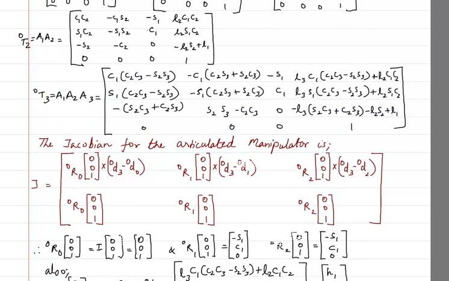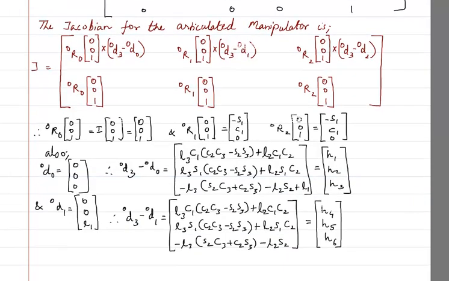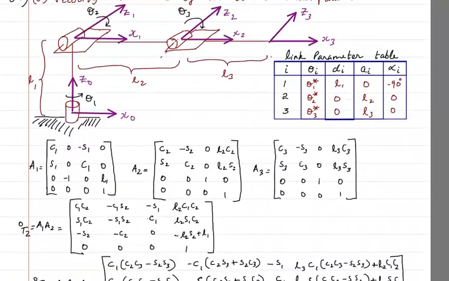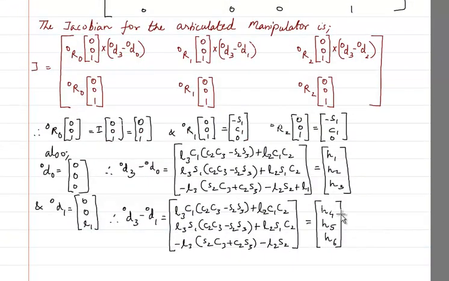From this one, if I subtract 0l1, then only this l1 will go, so I will have the final result as this, which I can write as h4, h5, h6. Once we have found the values, all we have to do now is substitute. So 0R0 I will substitute here, and this particular value 0d3 minus 0d0 I will substitute as h1, h2, h3, and like that I can keep on substituting.